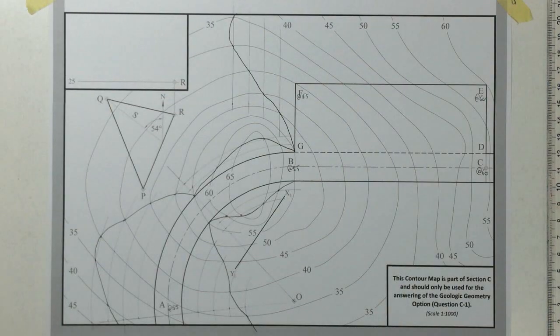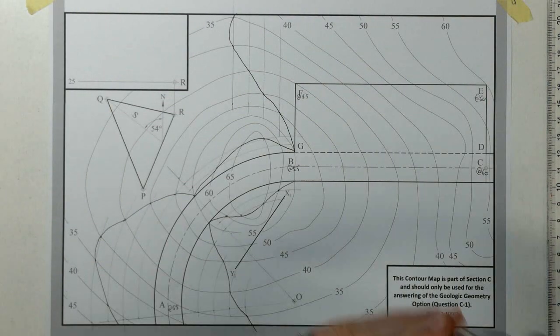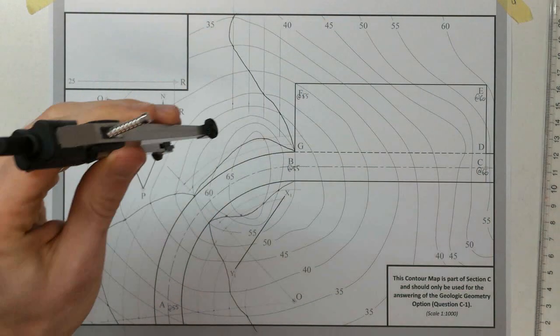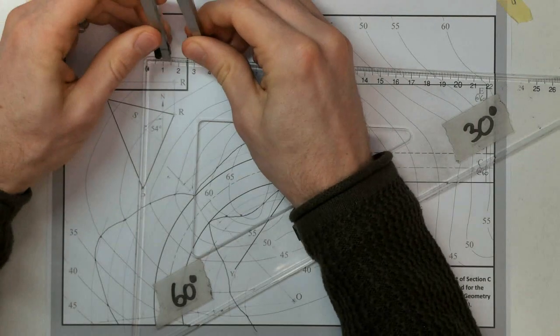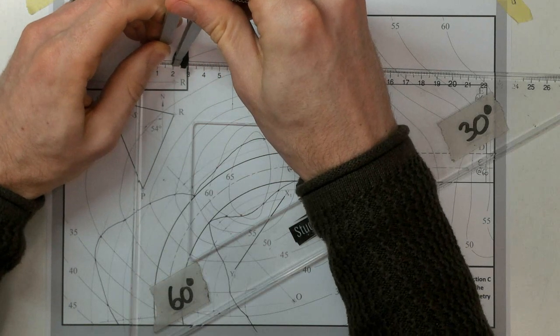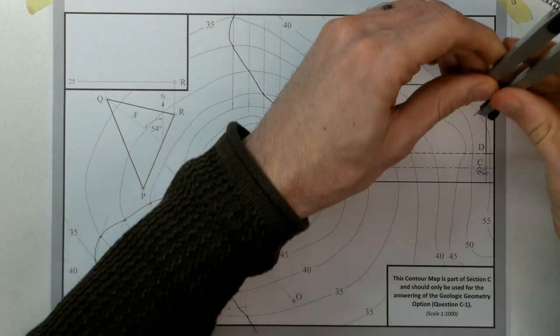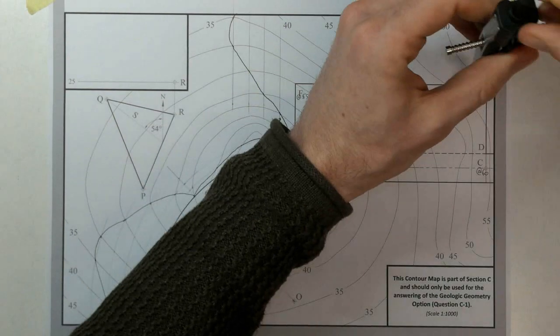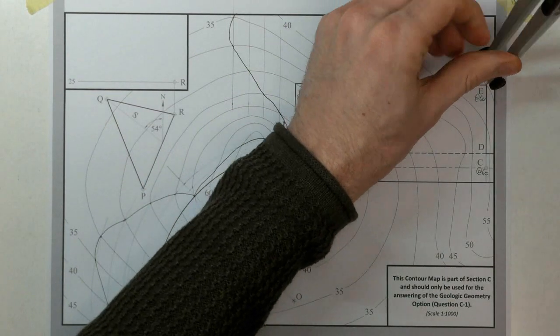We're going to do radius 10. Let's set the compass just to 10 here. At E, we have our cone.